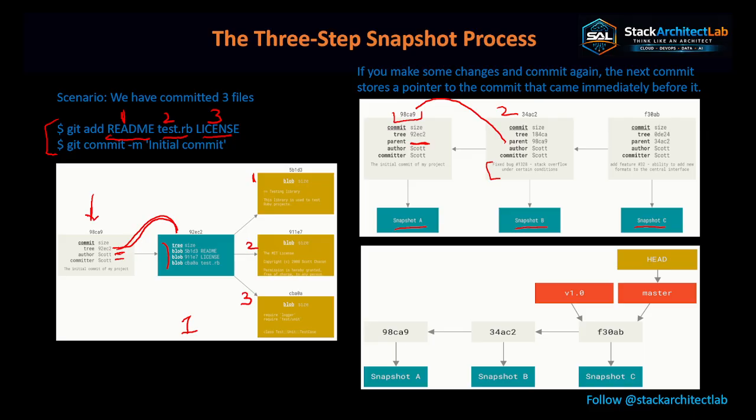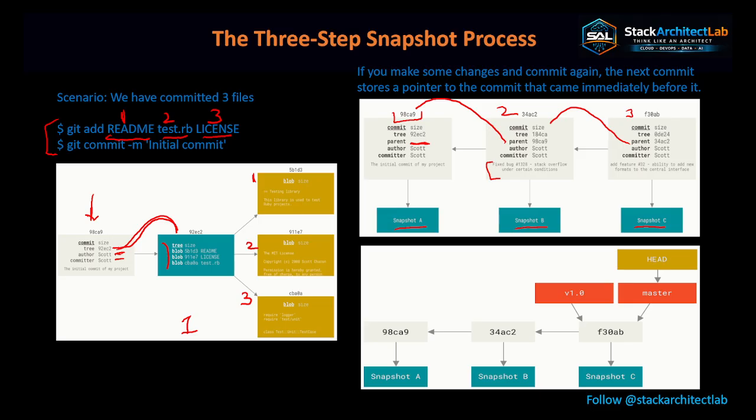That is the change. Same way, say for example this is the third commit. In this, if you see, this parent is mapping to this one. So this continuous chain Git keeps creating. That is the beauty.